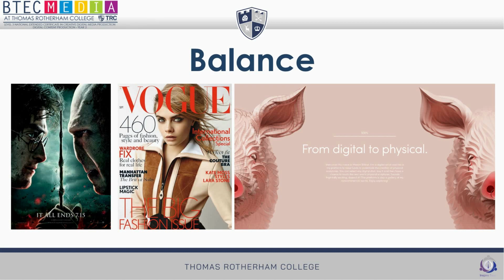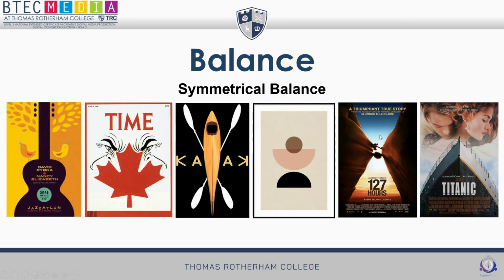Now, generally speaking, there are three different kinds of balance that you can be using in your design. You've got symmetrical balance, asymmetrical balance, and radial balance. So, these examples here are arguably examples of symmetrical balance. Now, symmetrical balance is the idea that you can pretty much put a line through the middle of your design, and generally speaking it will almost look like a mirror image of the other side because it is symmetrical.